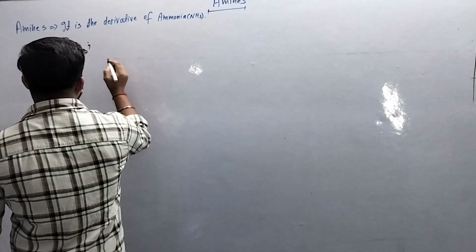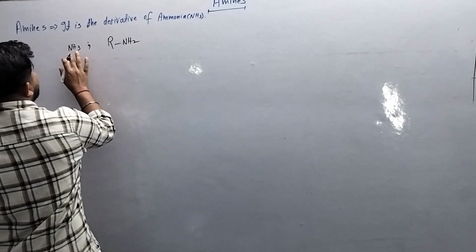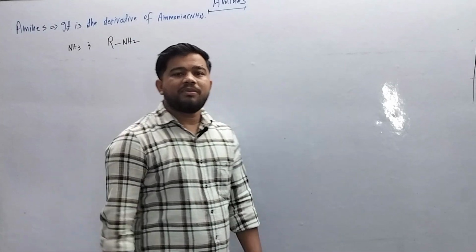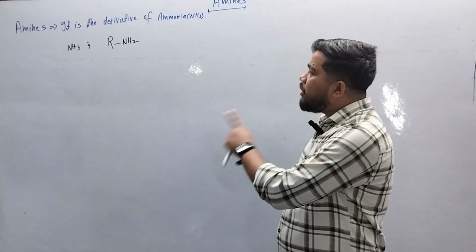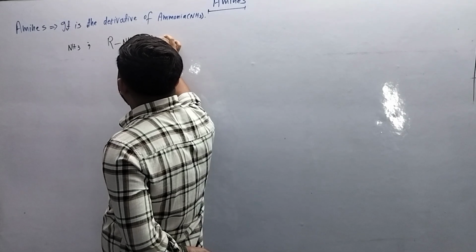If one of the hydrogen of ammonia is replaced by one alkyl group, it will be called 1 degree amine.